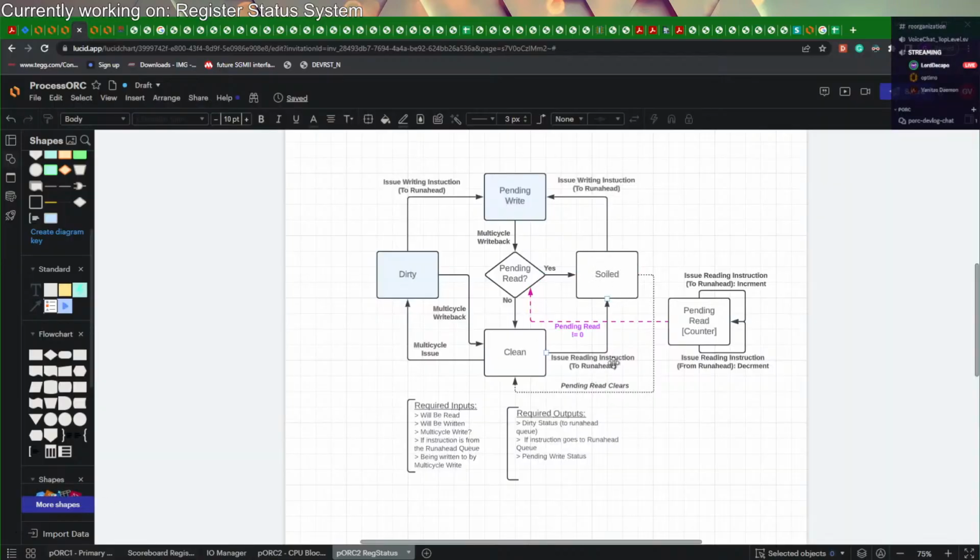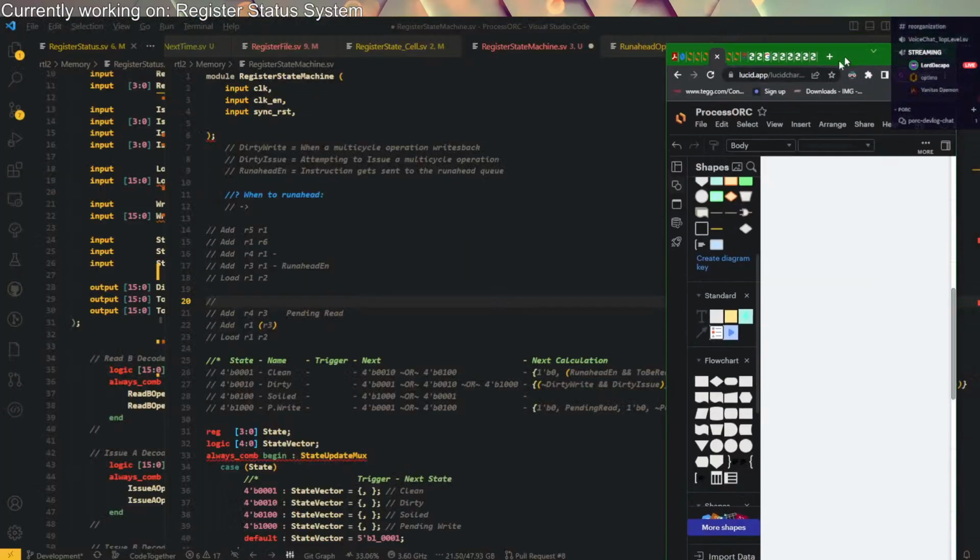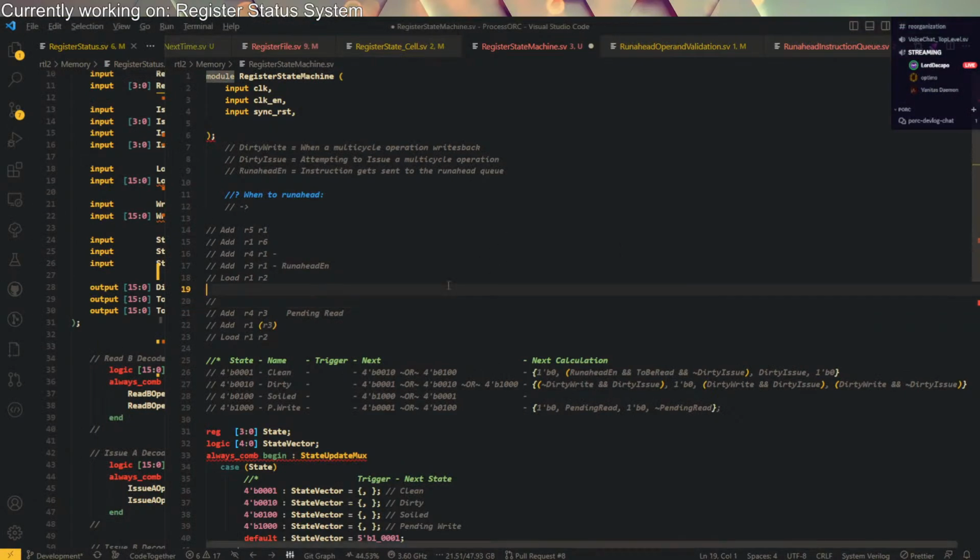When you're issuing a reading instruction or issuing a writing instruction. Or no, okay, when you're already pending write. You have a pending write, you're marked soiled, and you have a bunch of registers stacked up, a bunch of things stacked up to use you.